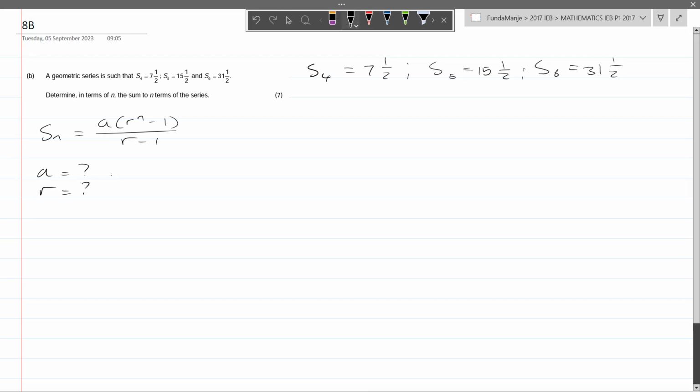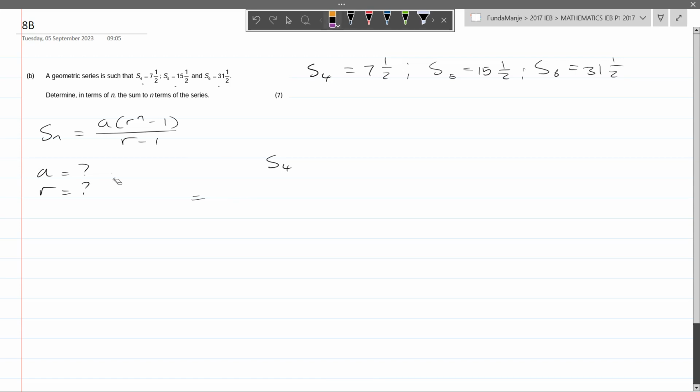And the way we're going to do that is they've given us these consecutive sums for a reason, because if we subtract the sum of 4 terms from the sum of 5 terms, this gives us term number 5. The sum of 5 is basically the sum of the first 4 plus term number 5, so we can subtract those and we'll be left with term number 5.